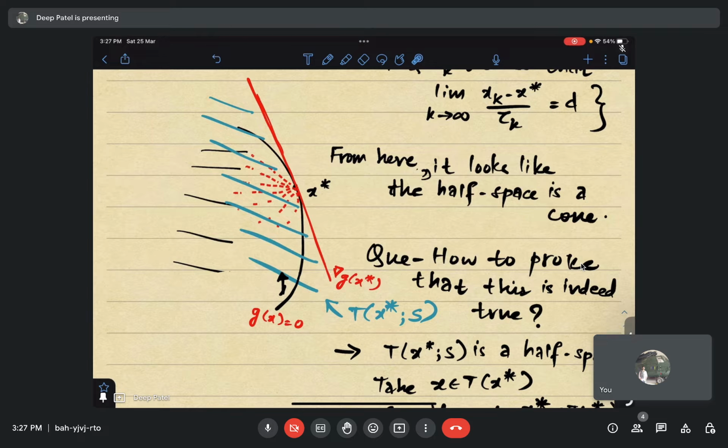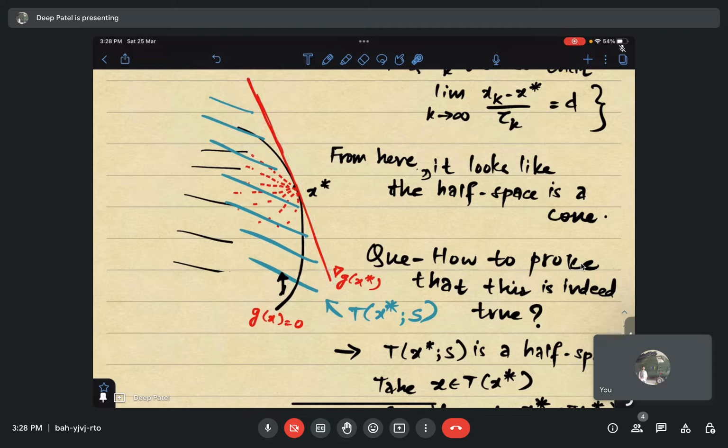No, but the gradient of the constraint g(x), evaluated at x star, should be perpendicular to the tangent plane, right? Gradient of the constraint at this point should be perpendicular to the tangent plane, right? Correct.